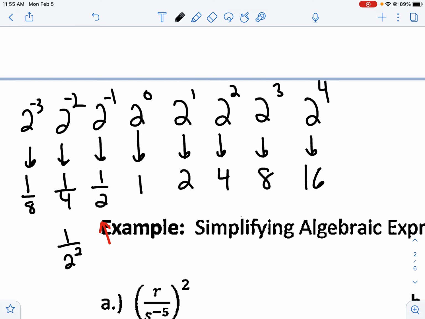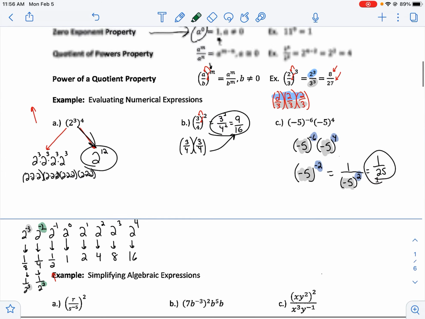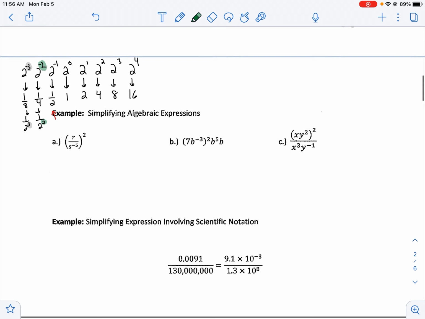So see how when you have a negative exponent, it just switches sides, and the exponent becomes positive. This works with 3s, 4s, anything. This pattern holds with anything. All right, so here we go.